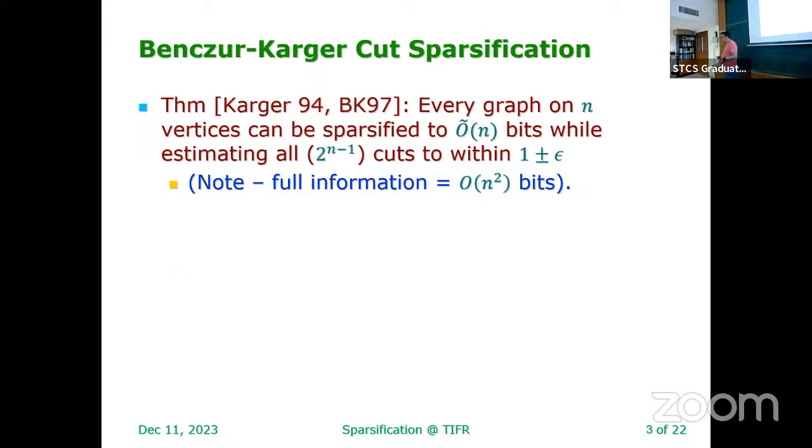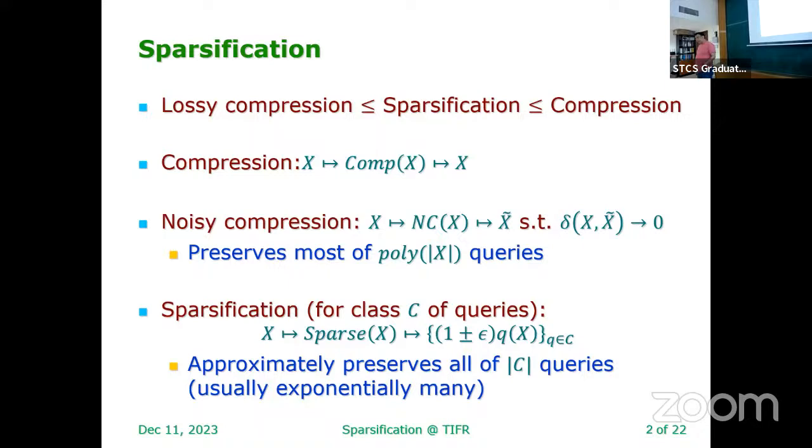So for sparsification, the set C is known upfront. Yes, so the set C is known, it is a collection of queries, and then for every one of those queries, you want to infer that. Lossy compression, the queries can... Well, you could just say it's the collection of all functions. Sorry, lossy compression is also a known set of functions.